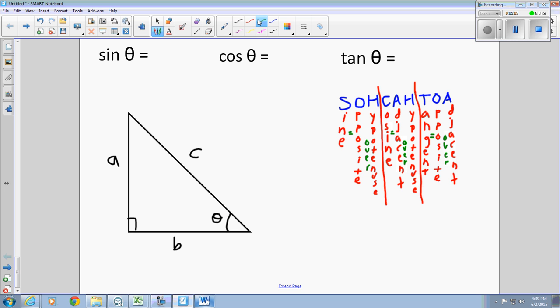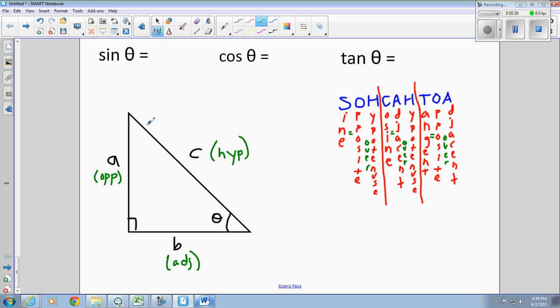A is the opposite side. We'll use OPP for opposite because it's opposite the angle. B is the adjacent side. We'll use ADJ for adjacent. And C is our hypotenuse. We should know this about right triangles.